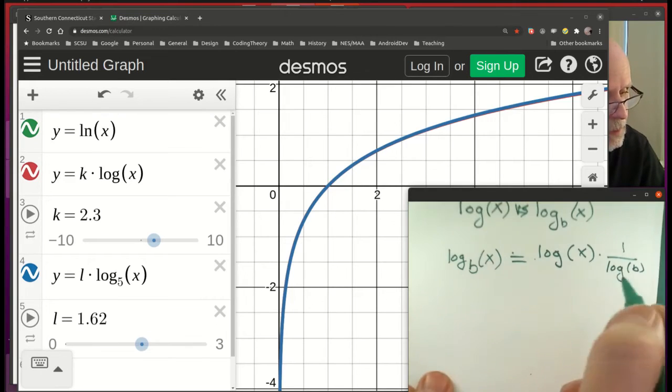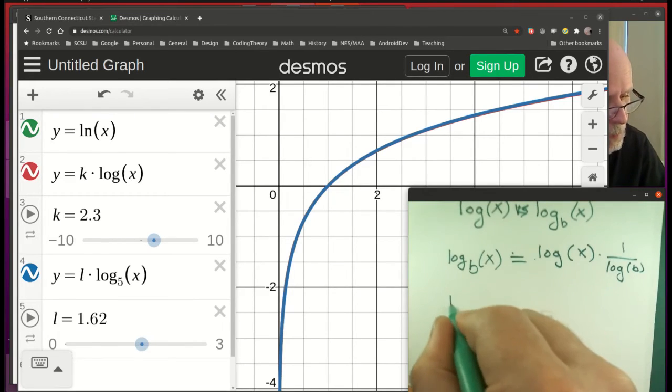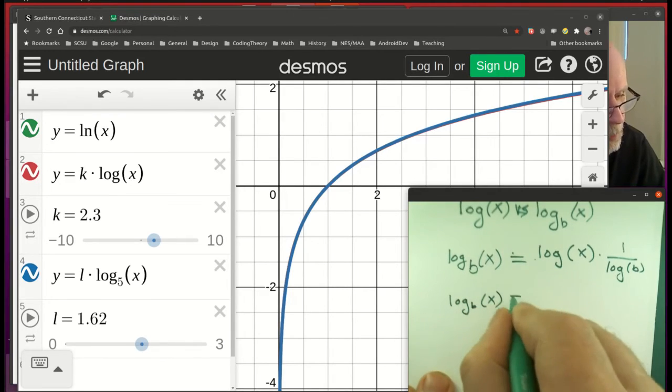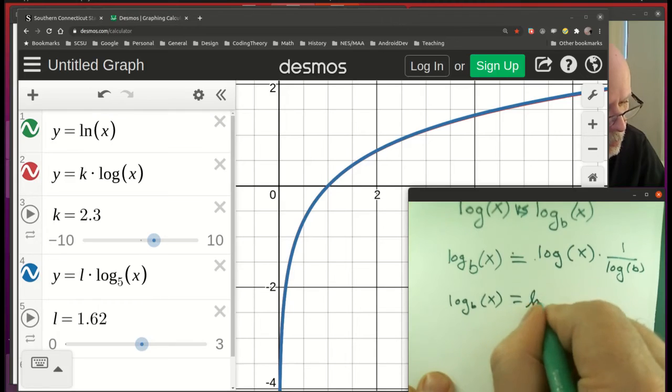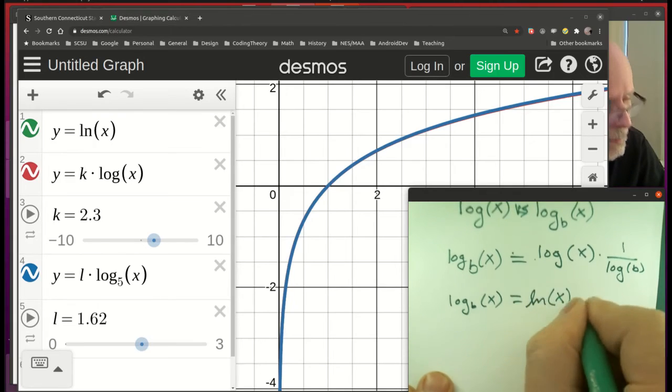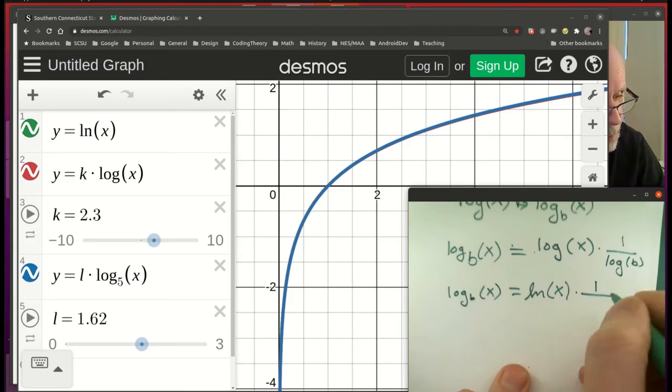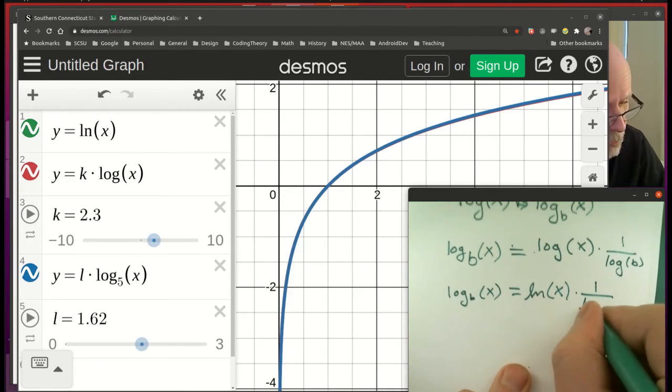Or if I said this in terms of natural logs, the log base b of x would be the natural log of x, again, times a scale factor. And that scale factor turns out to be 1 over the natural log of b.